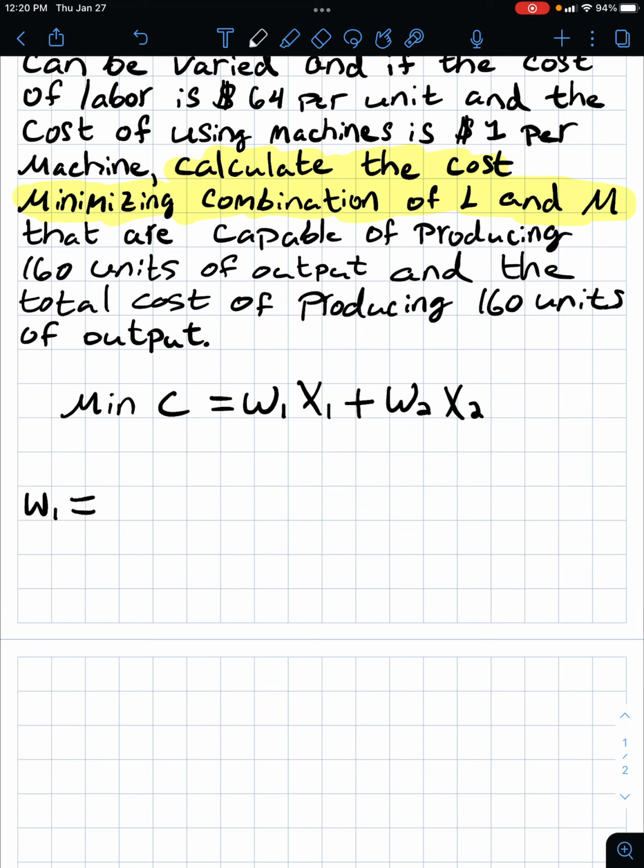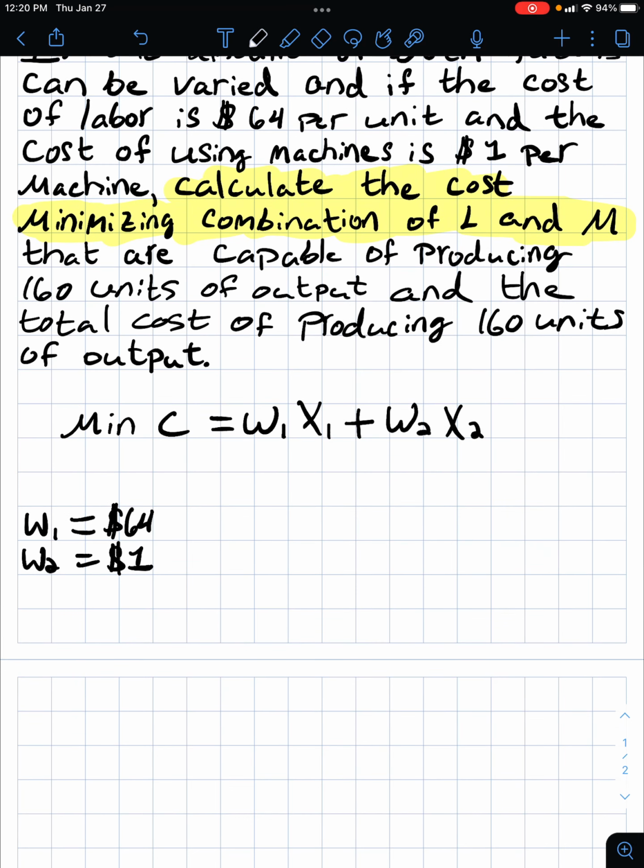W1 is going to be the wage or the price per labor, so let's do $64 for W1. And W2 is going to be the price or the cost of using the machine, which is going to be $1. And X1 and X2 are unknown.